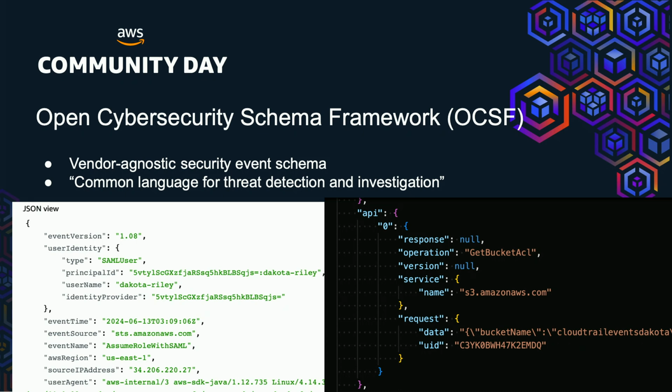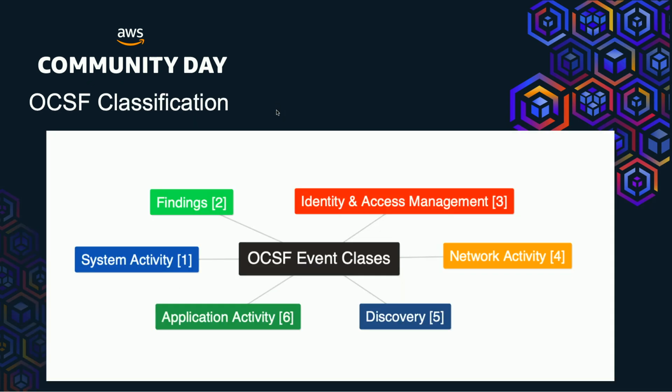But with something like OCSF at play, once you understand the common core concepts of it, you can get the source IP address out of two different log sources with a very similar query. One other thing that's really interesting about OCSF, outside of just the schema, is that normalized field names are awesome, especially if you're the one that has to interact with the data.